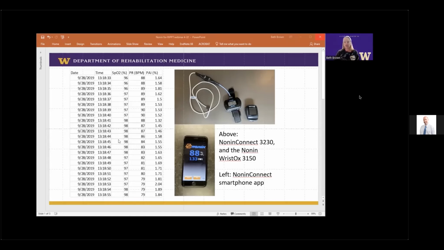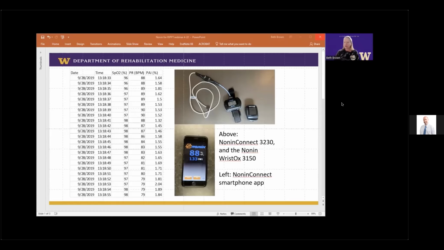Second, the fingertip devices don't always perform as well as the forehead sensors during physical activity due to motion artifacts. So it's not as easy to keep a fingertip pulse oximeter on continuously during exercise, particularly for some exercise modes. The forehead placement is ideal, but it really depends on what you're interested in studying, whether that's necessary or not.